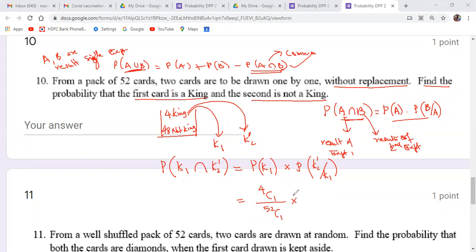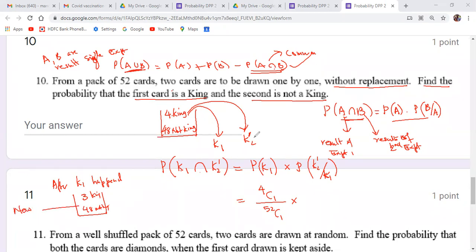Okay. Now next, what do we say? After one king is drawn, after K1 happened, there will be a new sample space: 51 cards. There will be 3 kings and 48 not kings.